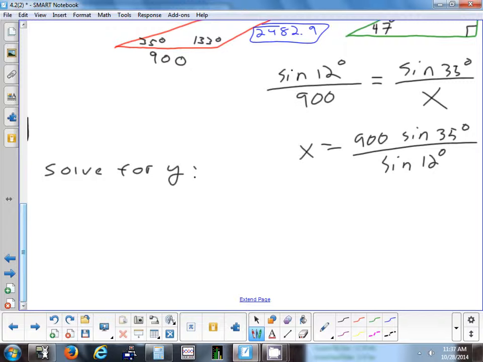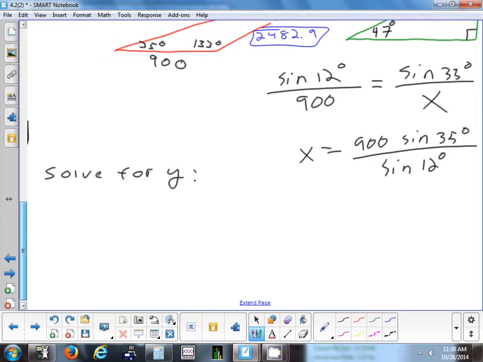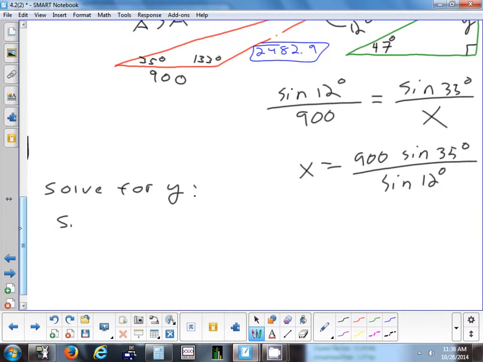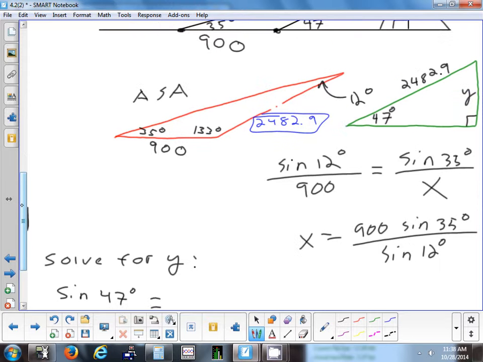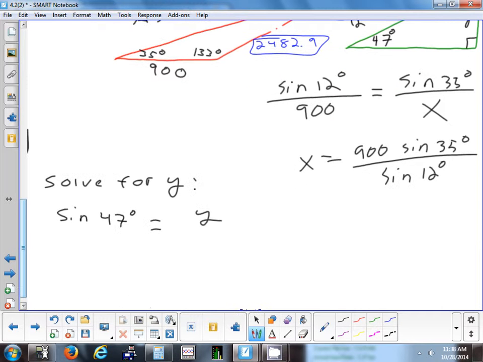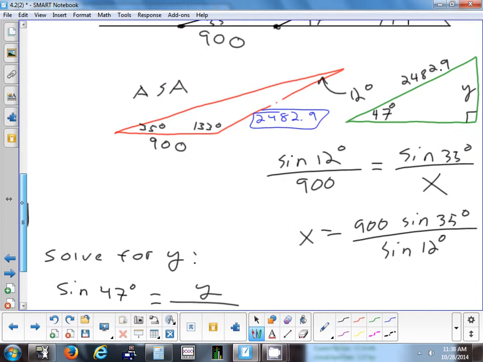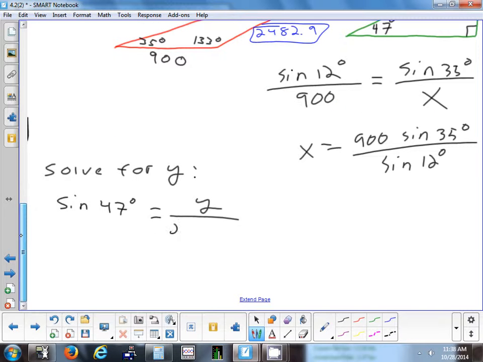By the way, you don't have to use y. I just picked y because it was a vertical measurement. All right, so sine of my angle equals opposite over hypotenuse. And the hypotenuse is 2,482.9.